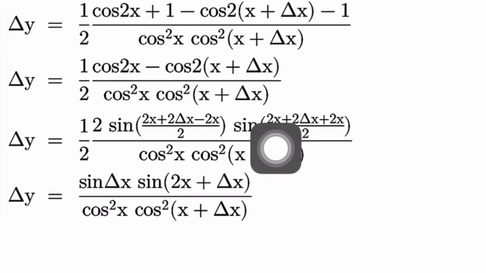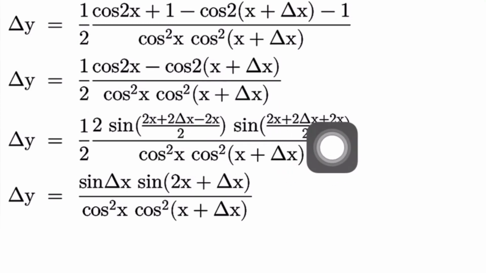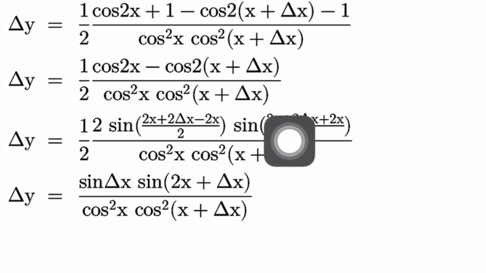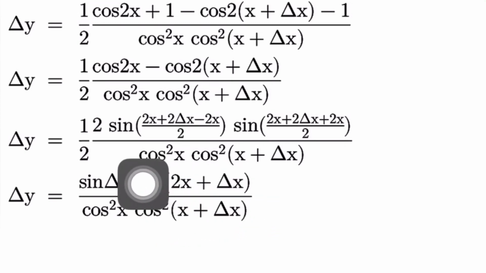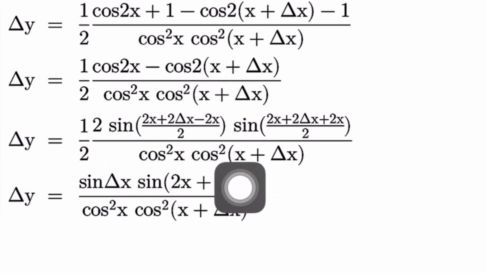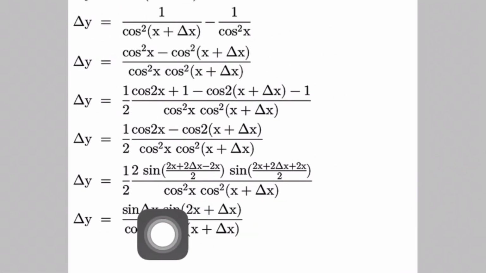And here 2x plus 2x becomes 4x, plus 2 del x is there, this 2 is common to 4 and 2, and we are left with sine of 2x plus del x here, and in the denominator cos square x times cos square x plus del x. These two factors are as they were.